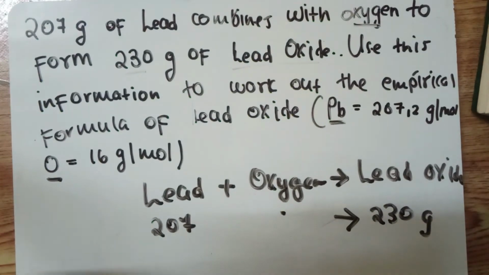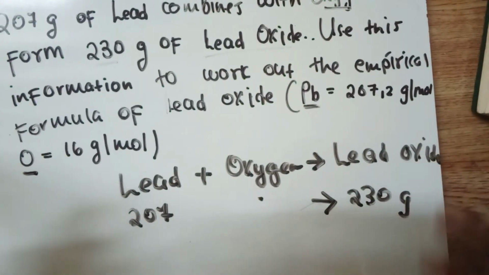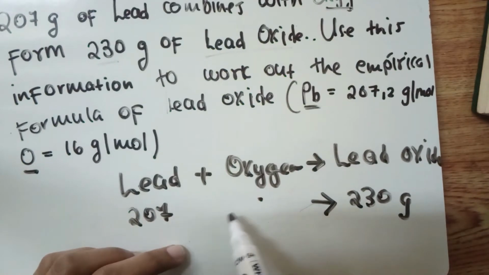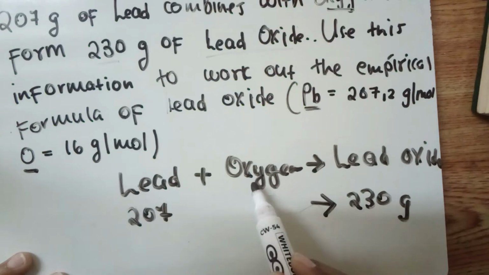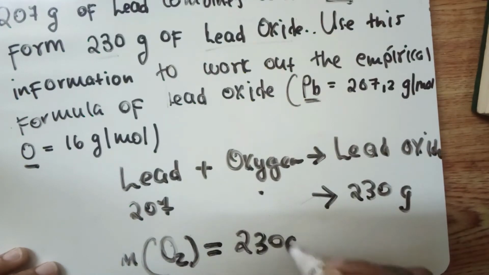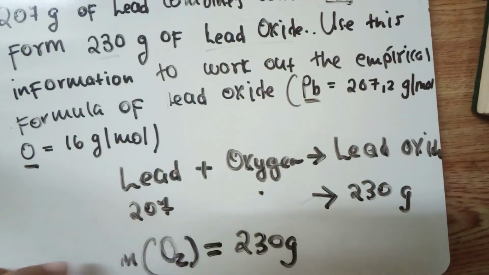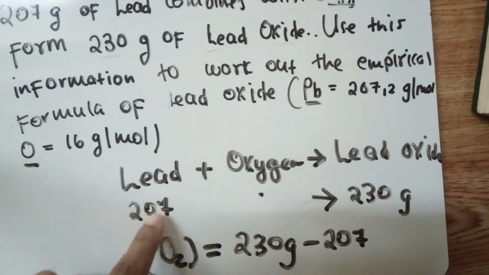Remember, there's an important thing when it comes to balancing chemical equations, and that is the law of conservation of mass. The mass on your left hand side should be equal to the mass on your right hand side. That is very important for you to know and understand. So to find the mass of oxygen, M oxygen is just going to be 230 grams minus 207 grams of the lead, right?